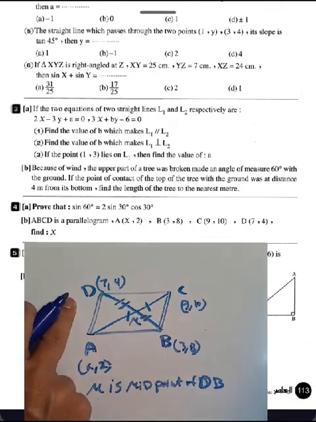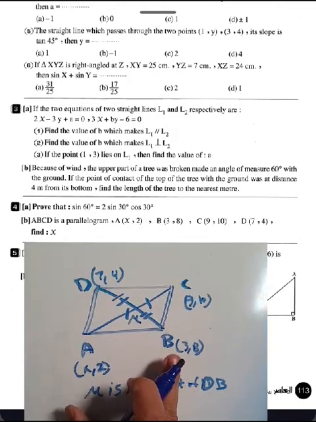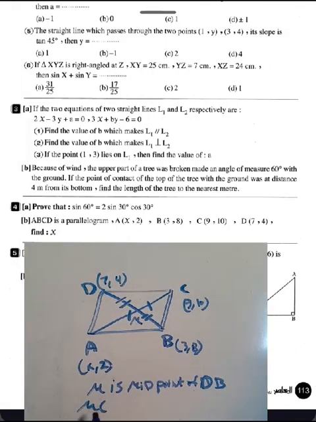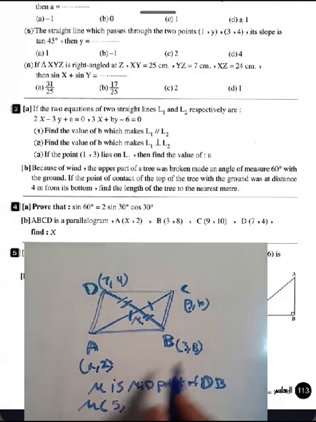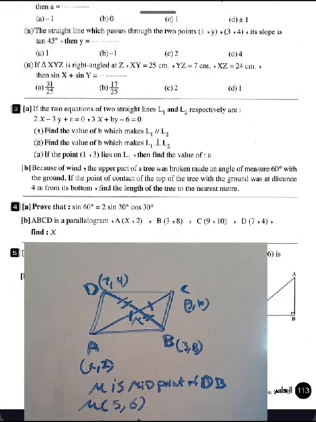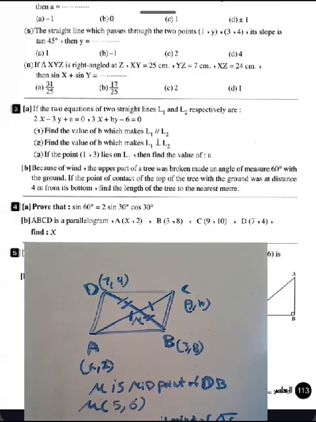Because we know D is (7, 4) and B is (3, 8). So M is 3 plus 7 equals 10 divided by 2 equals 5, and 8 plus 4 equals 12 divided by 2 equals 6. M is also the midpoint of AC. Then we can write point M as (5, 6).